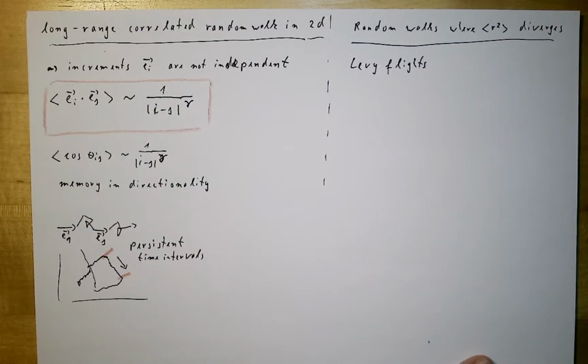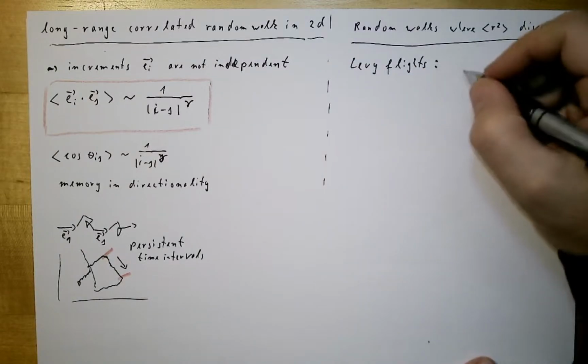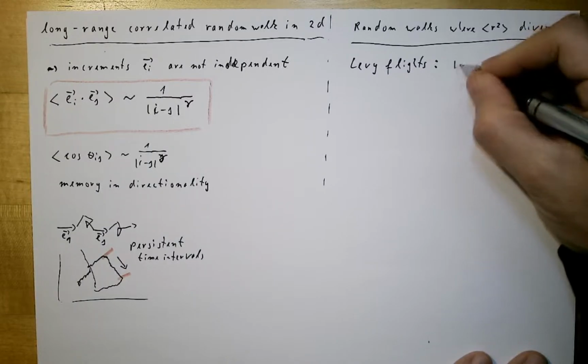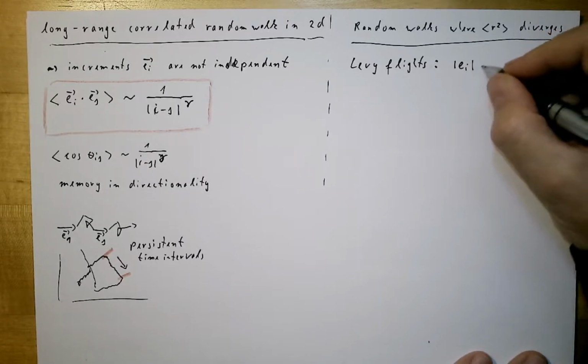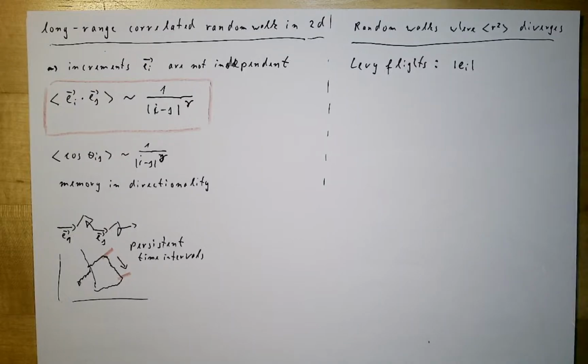And so in the Levy flight, we say that the absolute value of the increments is taken from a power law distribution.